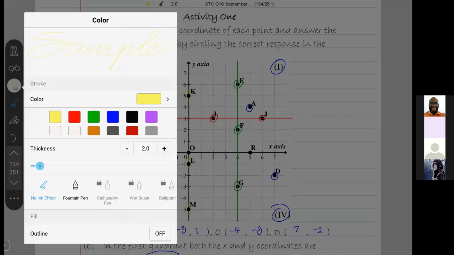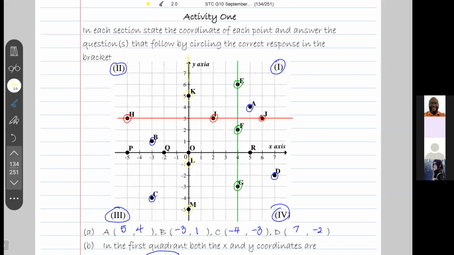Can you identify that K, L, and M are all on the y-axis? Yes, sir. All right, guys, please write down the coordinates of K, L, and M.